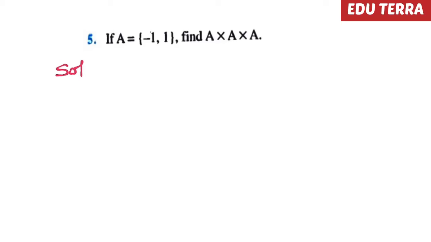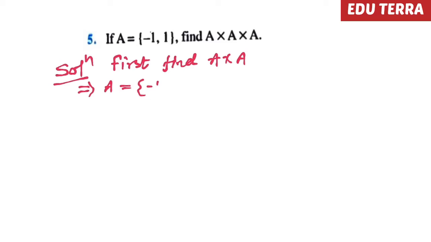If A equals {-1, 1}, find A cross A cross A. It means here we have to find triplets, ordered triplets. I told you already, first we always try to find A cross A. Since A equals {-1, 1} and A equals {-1, 1}, just find the Cartesian product A cross A. It will help directly.